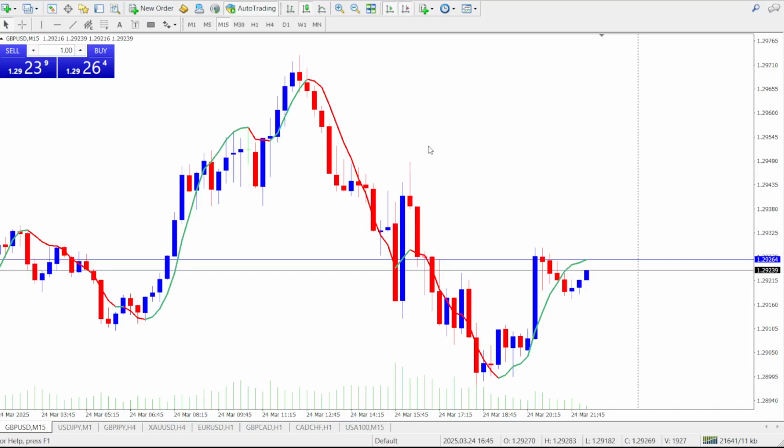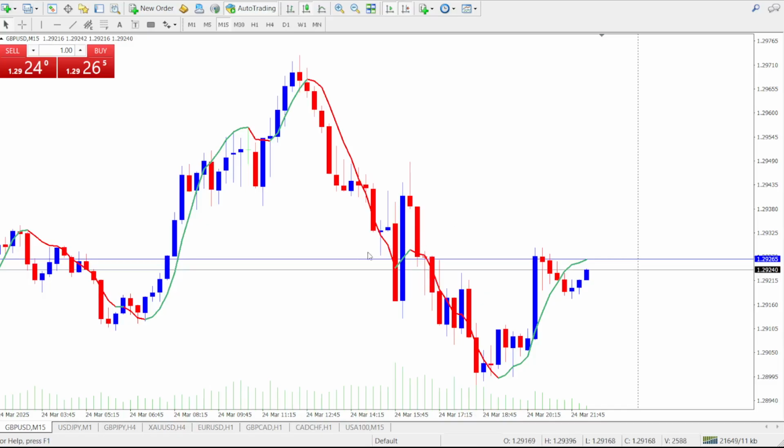It is a trend based indicator that helps forex traders identify the current market trend and react quickly when trends shift direction. As you can see on the chart, it uses color coded signals to display the trend.